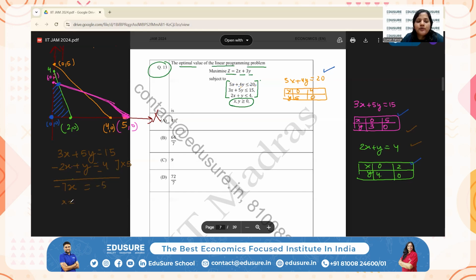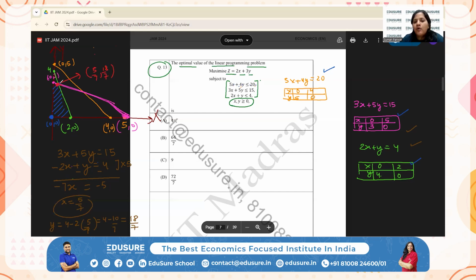So x is equal to 5 by 7. Put x equals 5 by 7 in 2x plus y equals 4. So y would be 4 minus 2x, which is 4 minus 10 by 7, which is 18 by 7. So I got my fourth corner point as well. This fourth corner point is 5 by 7, comma 18 by 7.